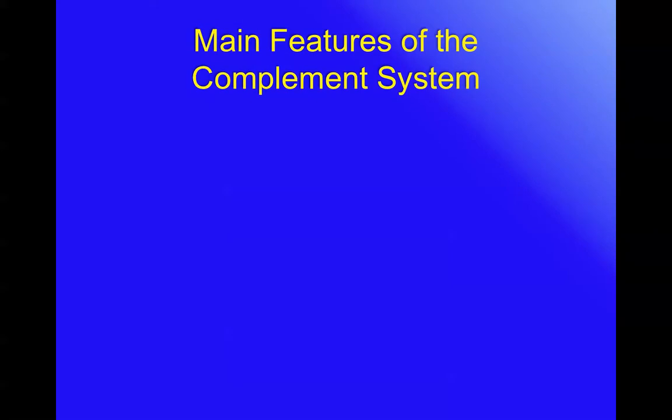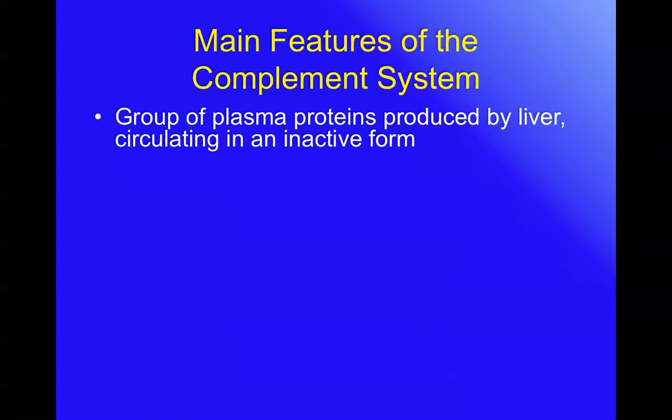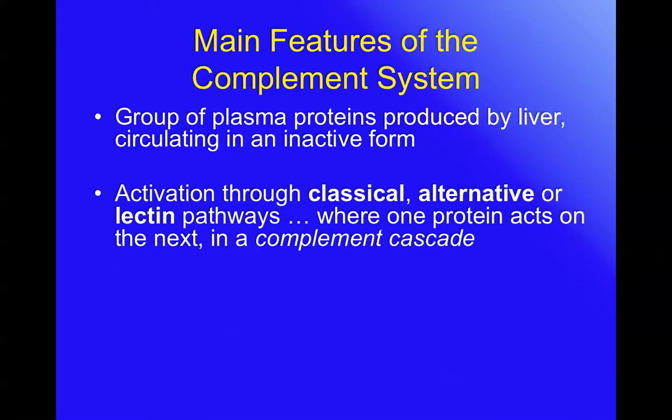What are the main features of the complement system? Well, they are a group of plasma proteins produced by the liver, found circulating in the blood in an inactive form. These series of proteins are activated through the classical, alternative, or lectin pathways. Activation occurs as one protein acts upon the next in a complement cascade.